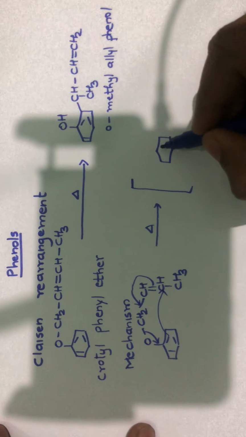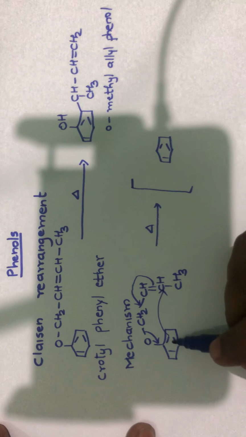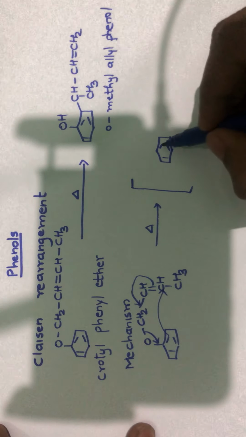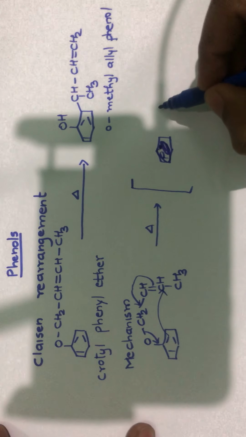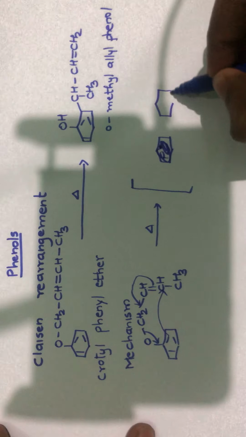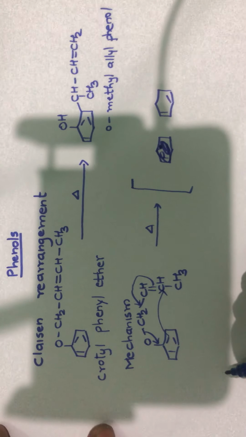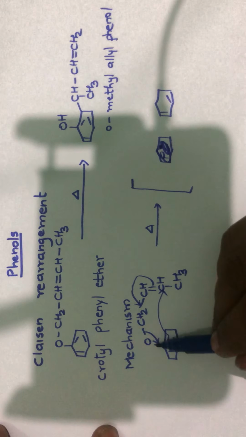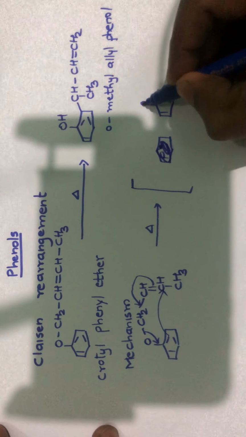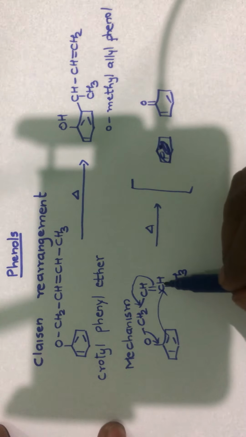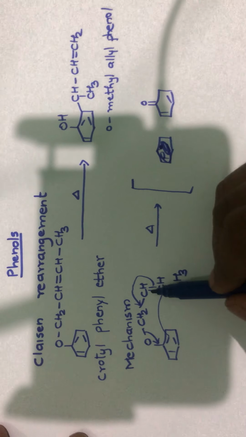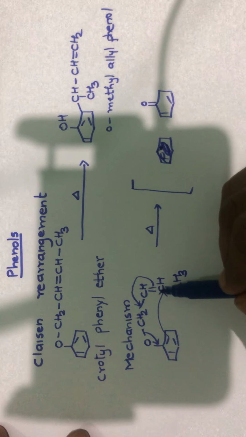There is no double bond here because the attack has taken place. This electron moves here, double bond O. This has attacked this carbon. Why will it attack this carbon? Because there is a double bond here, so it will attack here only.